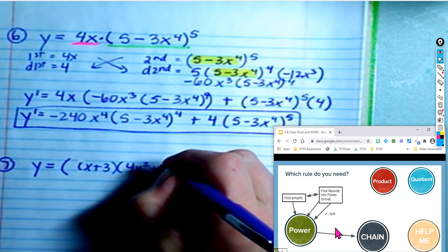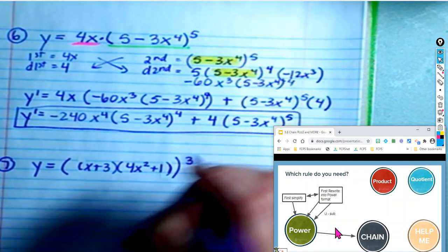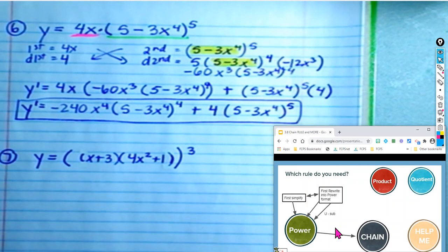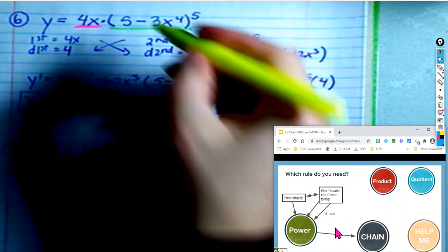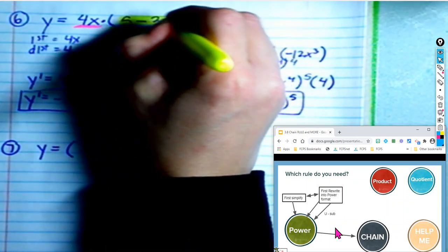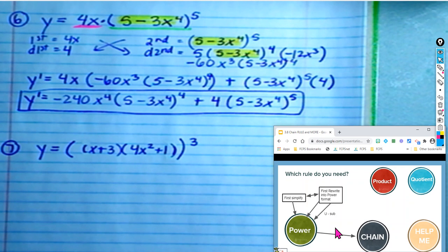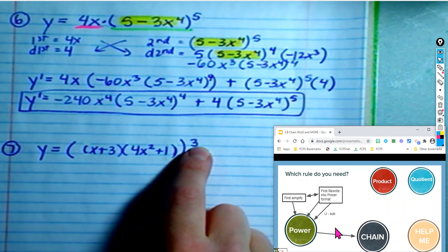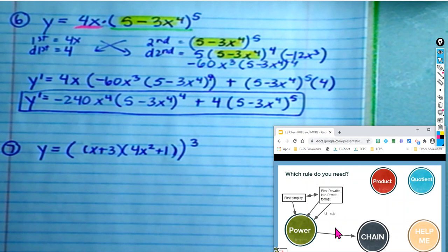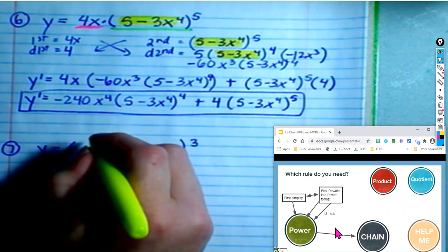There we go. (4x plus 1) cubed. Okay. I need to look at this. When I'm looking at this problem here, I see the part that I don't want to simplify as this fifth power. And try to look kind of closely. See where this extra power is? Try to highlight everything that is inside that power.